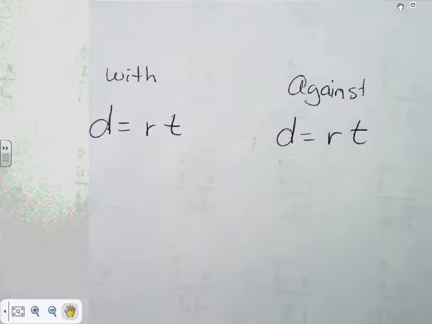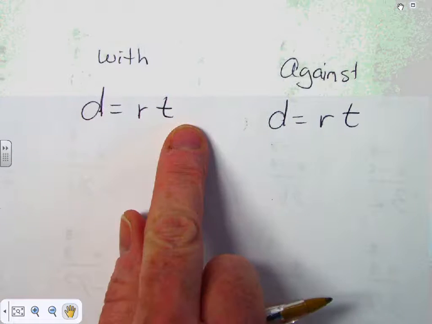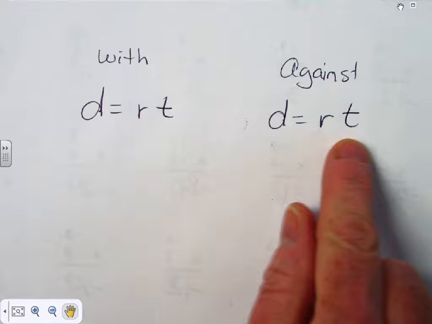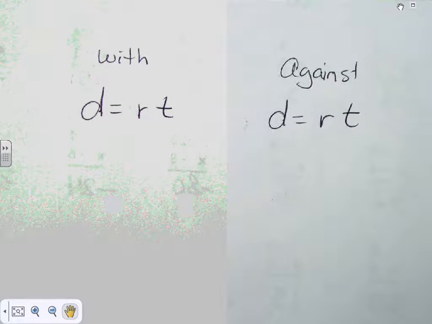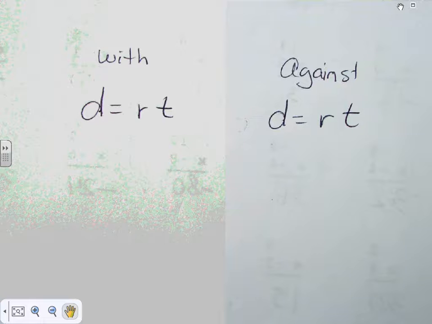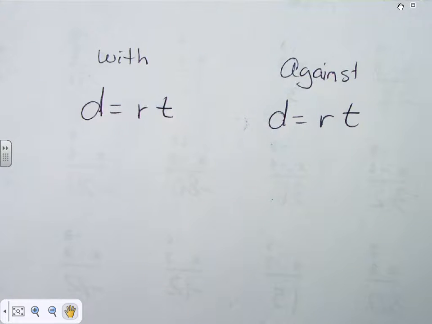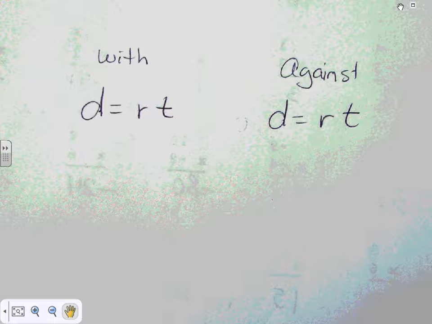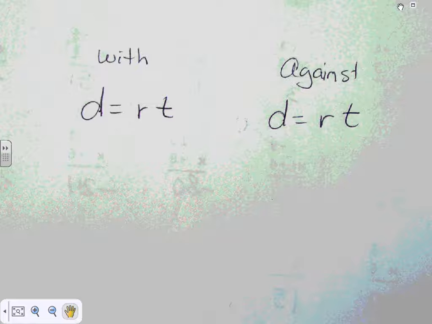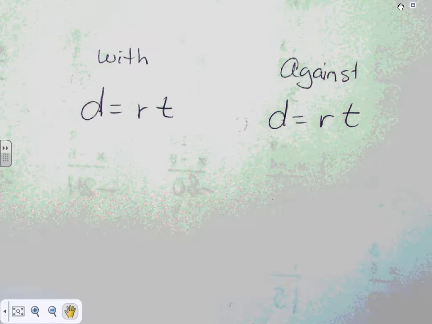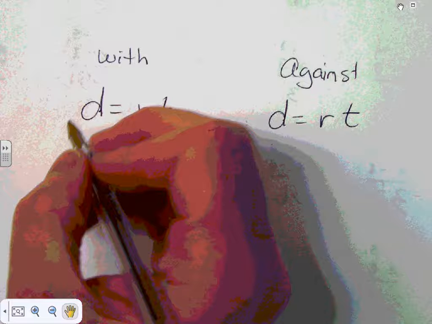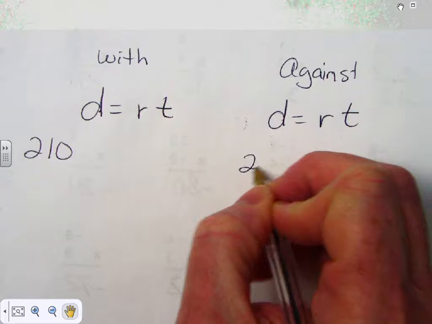You're going to fill in exactly underneath each variable whatever the story problem tells you. So this particular problem talks about a boat that travels 210 miles each way. What variable would 210 miles be? The D for distance. So both problems would get 210 where there's a D for distance.